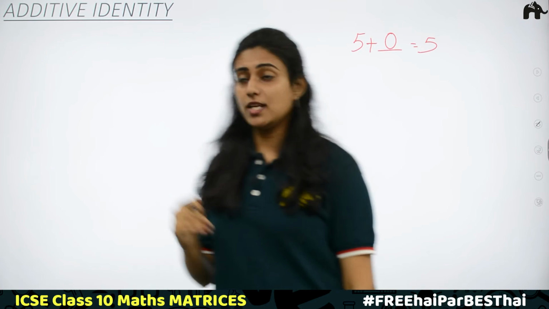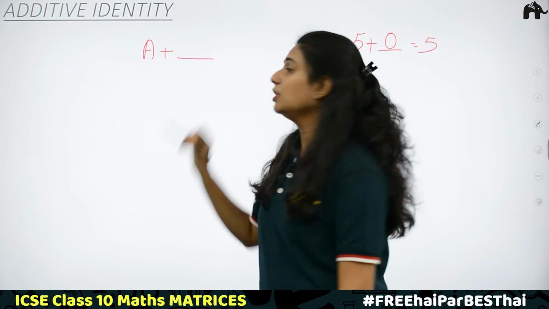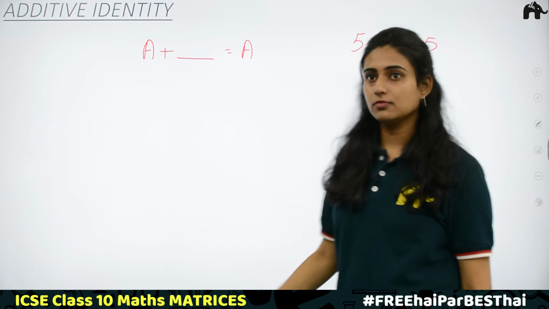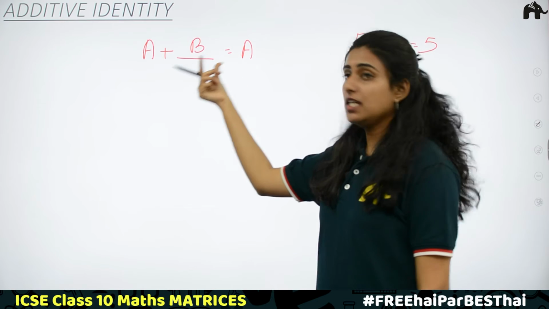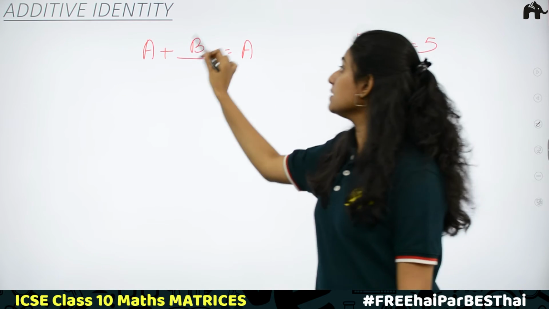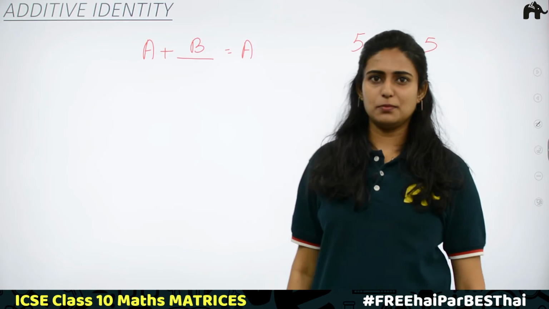Now, when it comes to matrices, I am taking a matrix A and adding something to this should give me matrix A. Let's say I am adding a matrix B. Adding this B to A should give me A. Then this B is the additive identity. What should this B be?